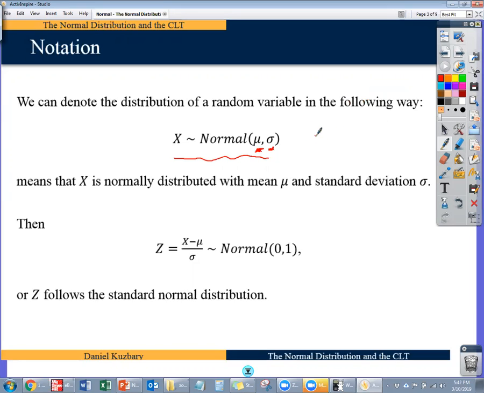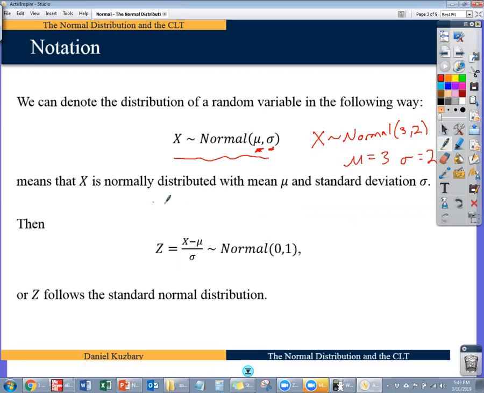For example, if a random variable had the mean 3 and the standard deviation 2, then we could write it like this: 3, 2, where this is the mean and that's the standard deviation. Or you could say that mu equals 3 and sigma equals 2. Those are parameters, and we would specify what those are.